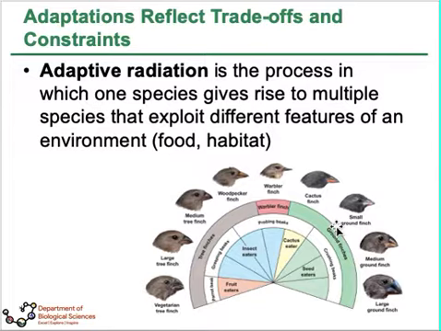And we have also the adaptive radiation, wherein it is actually the process of having multiple species from one common species or tinatawag na ancestral species, because they are subjected to different features of environment, just like food. In this case, we have an example here. We have the finches.